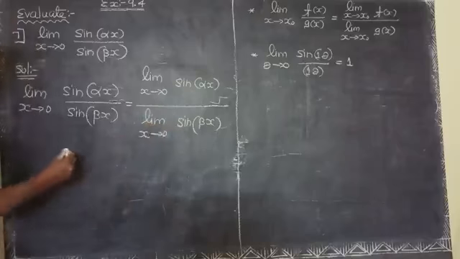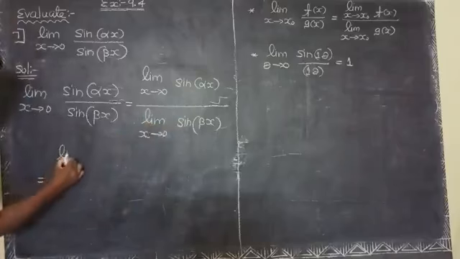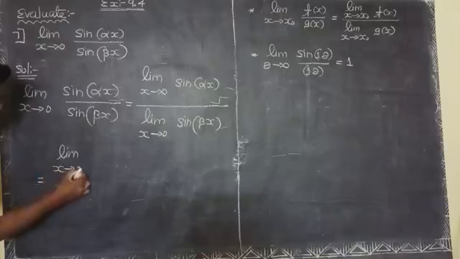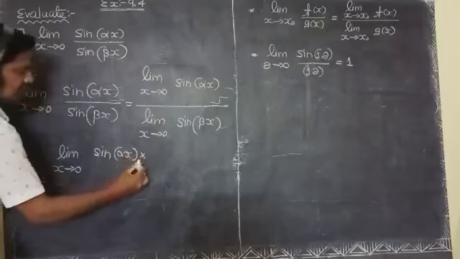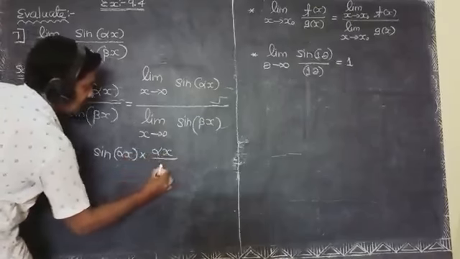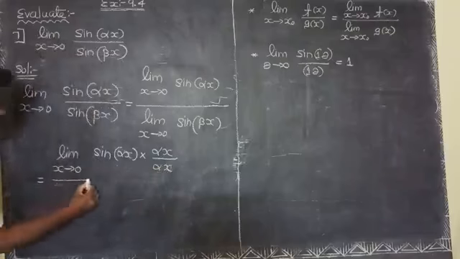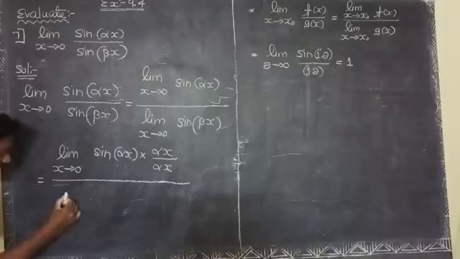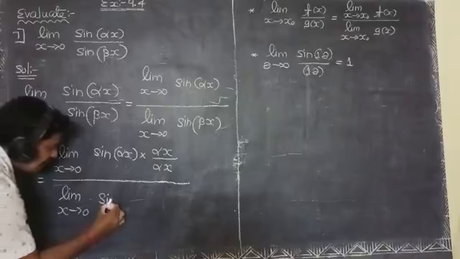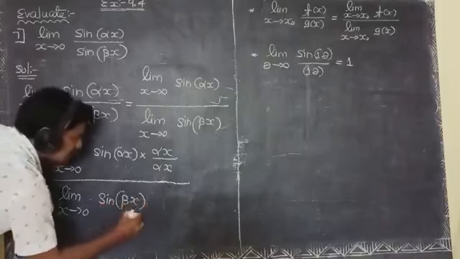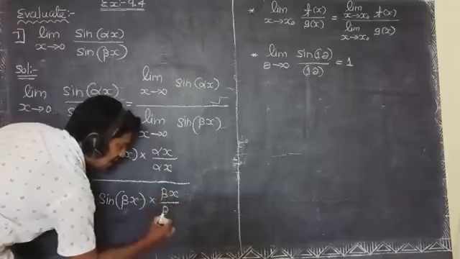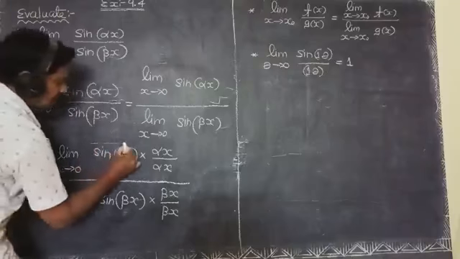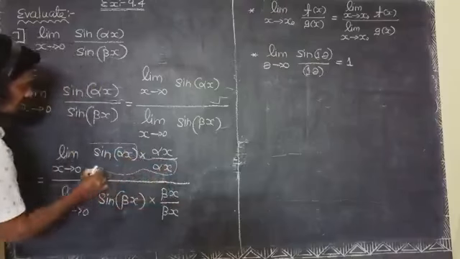That is, limit x approaches 0 of sin alpha x multiplied by alpha x divided by alpha x in the numerator, and the denominator is limit x approaches 0 of sin of beta x multiplied and divided by beta x.